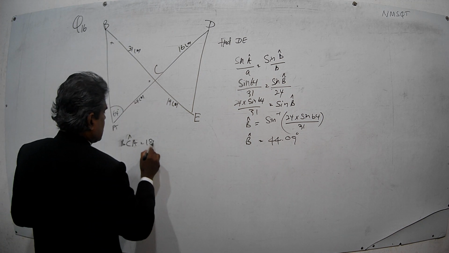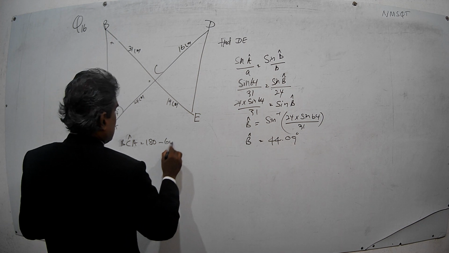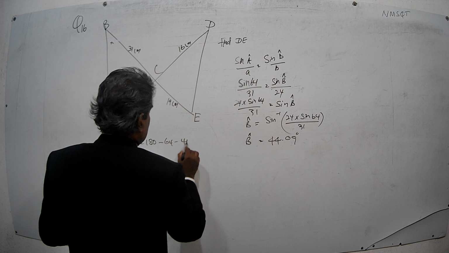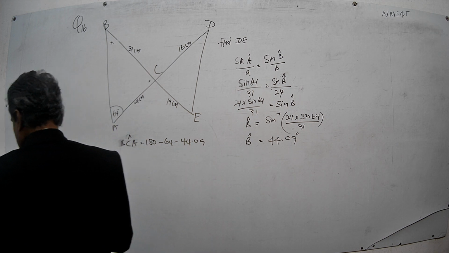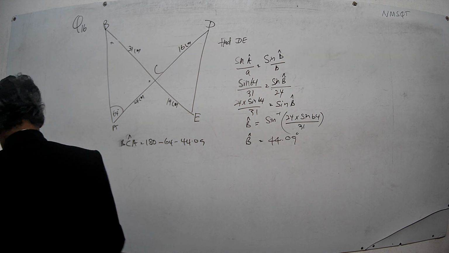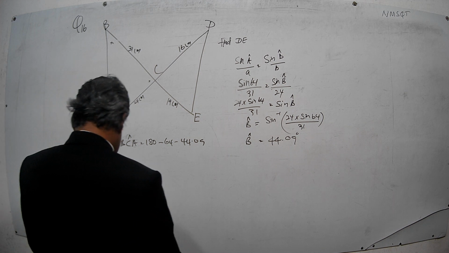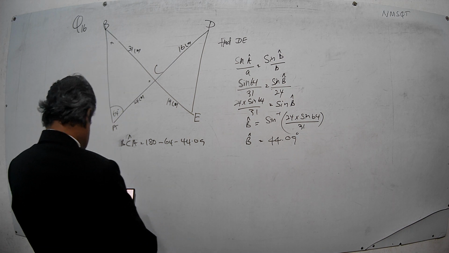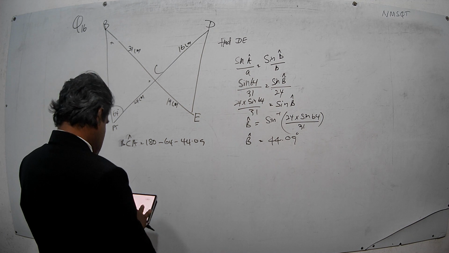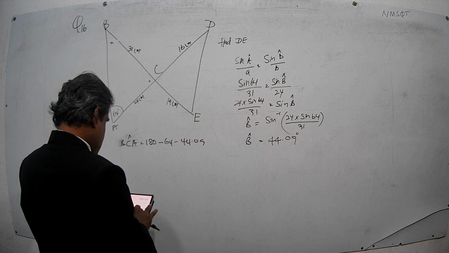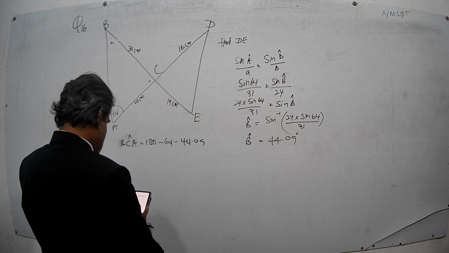So angle BCA equals 180 minus 64 minus 44.09. Okay, then what is that value?